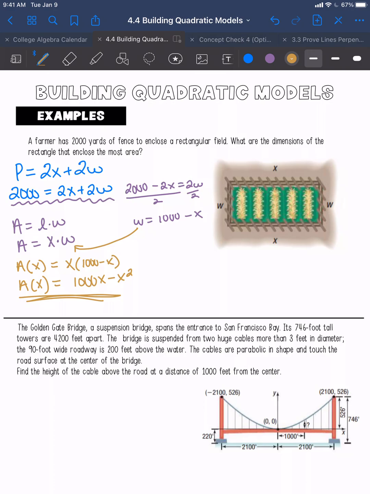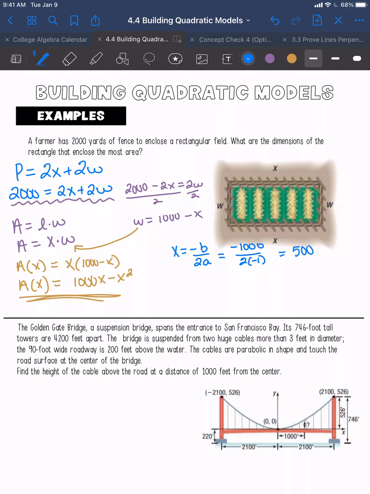You could graph and use the maximum feature in your calculator, but we can also just do our x equals opposite of b over 2a. The opposite of b would be negative 1,000 over 2 times a would be negative 1. That's negative 1,000 over negative 500, which is 500.